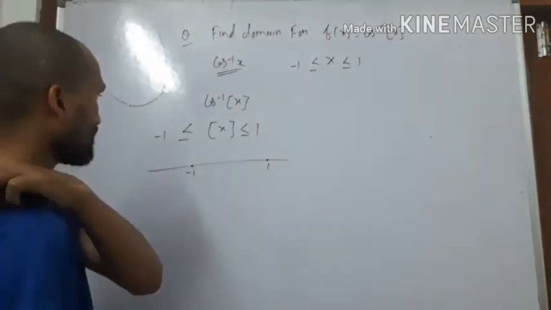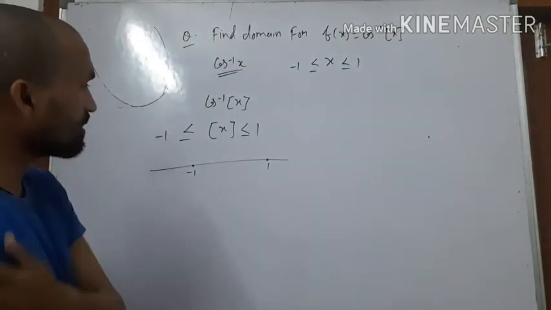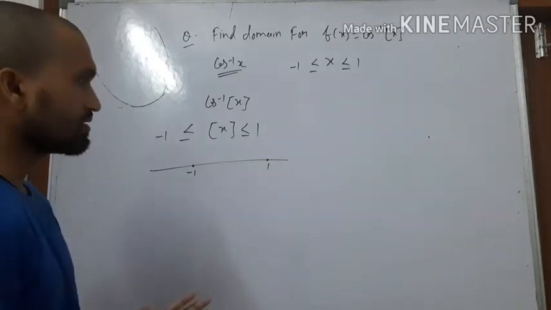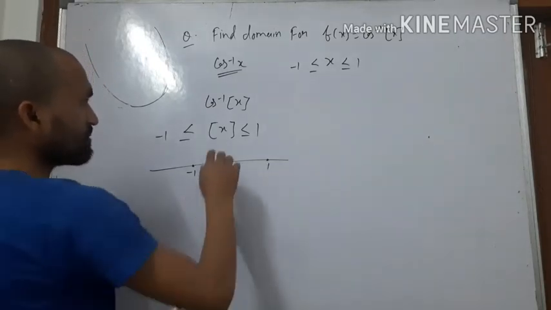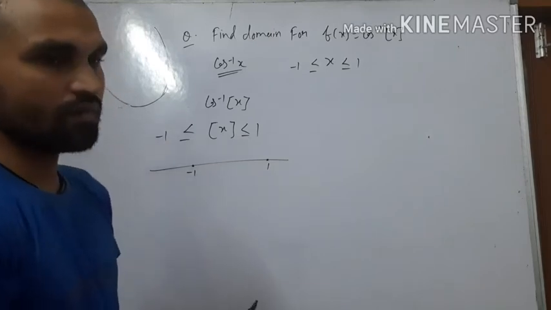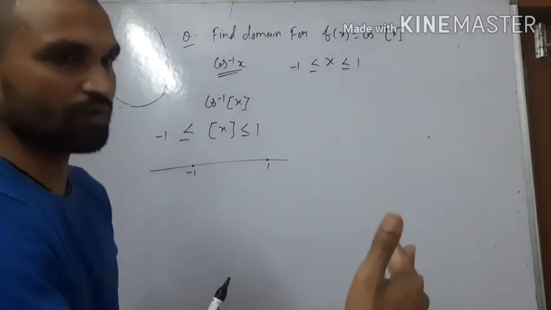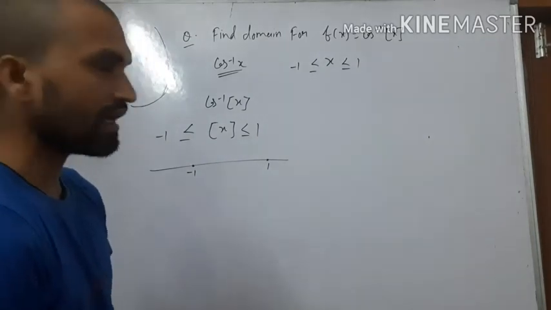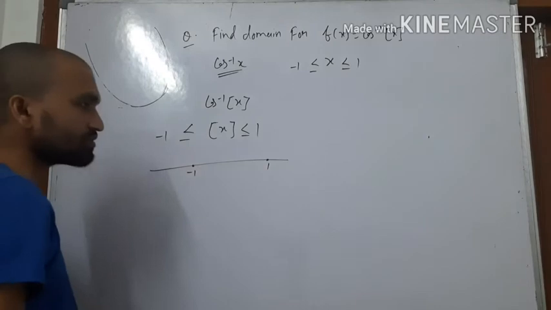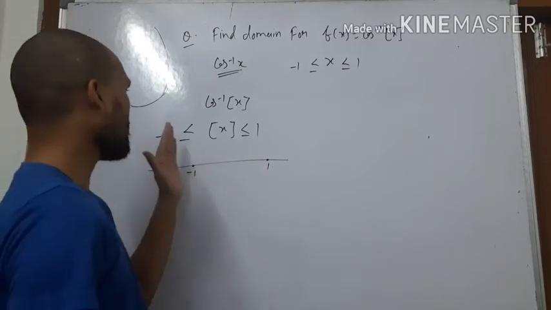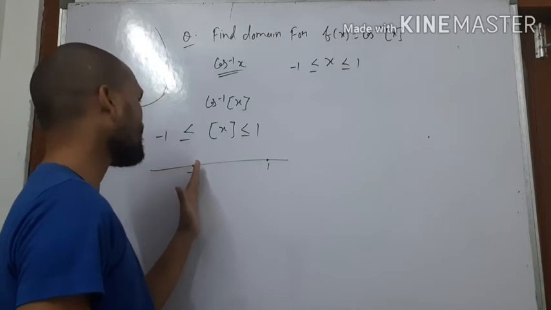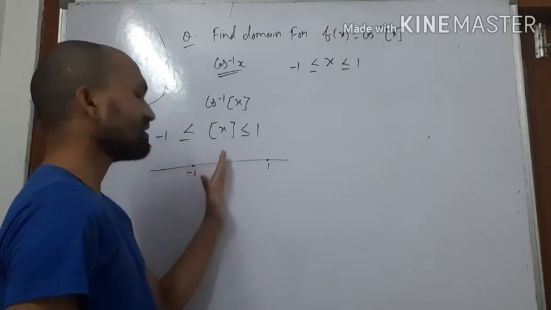So what should be the value of x? When the greatest integer x is 1, the value of x is before 2, and when the greatest integer x is -1, the value of x starts from -1 and is before 0.